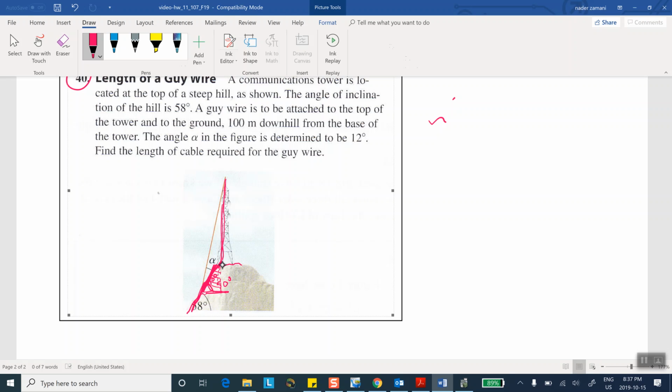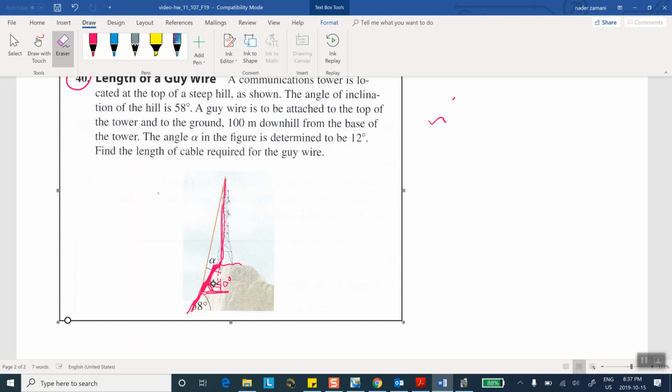I can find this height. I'm not sure. My guess is that the 100 meters is not this length that I'm showing here.